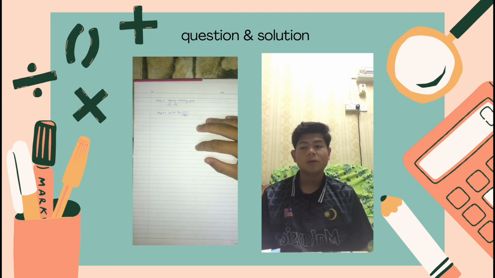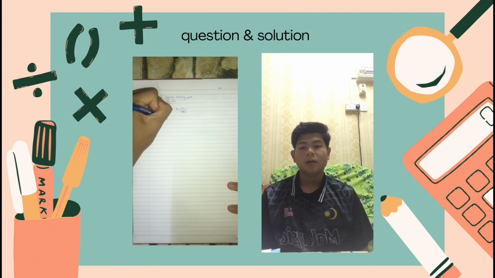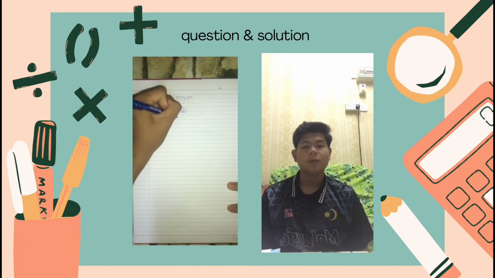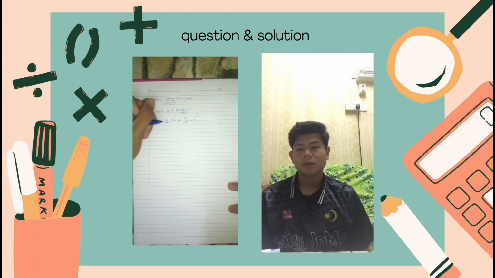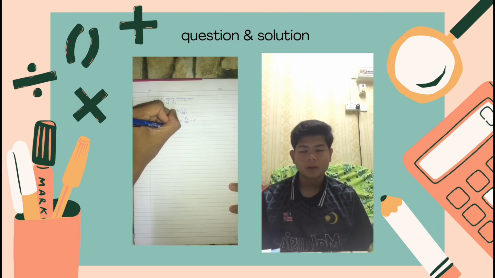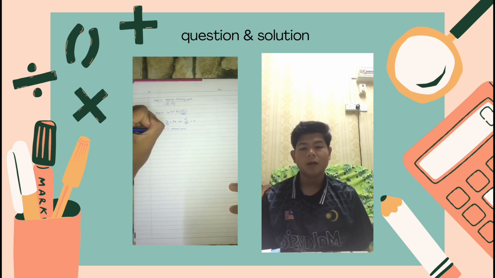We start from 4x squared from the question, and then dy/dx equals 8x. d squared y over dx squared equals 8. 8 is bigger than 0, which is positive, and the turning point must be a minimum point.